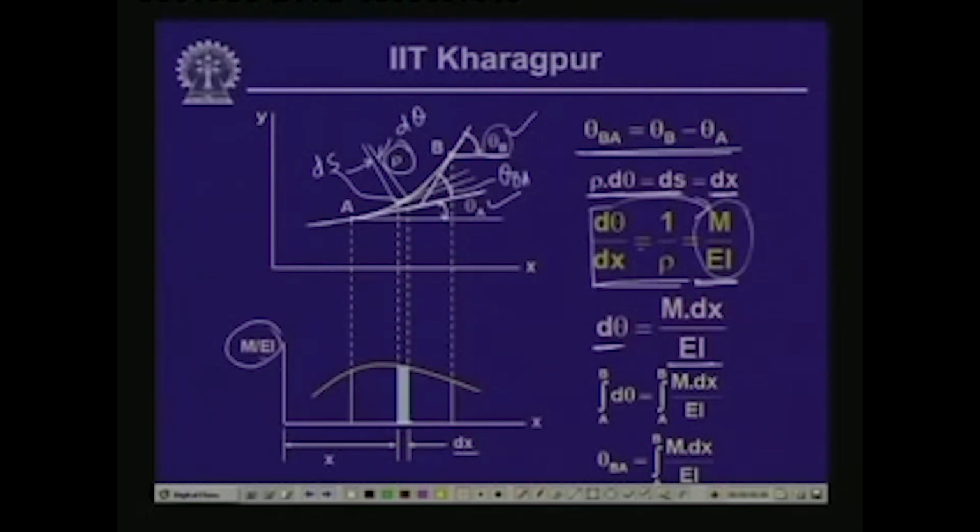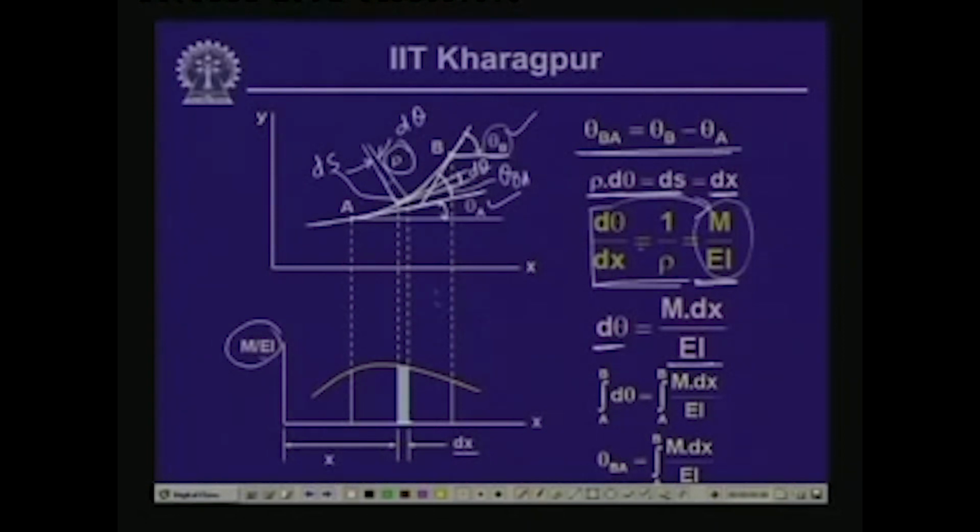Now, if you look into this particular expression, for this segment ds at the two ends, if we draw the tangents, let us say these are the two tangents, since these are normals at the ends of ds. And since this angle is d theta, this particular angle also is going to be d theta.